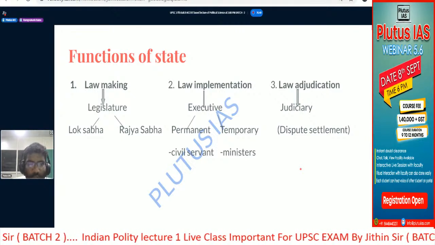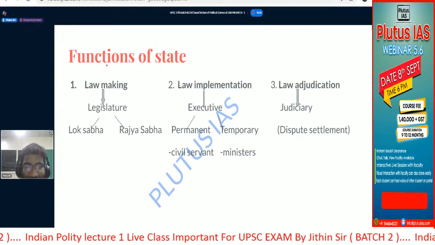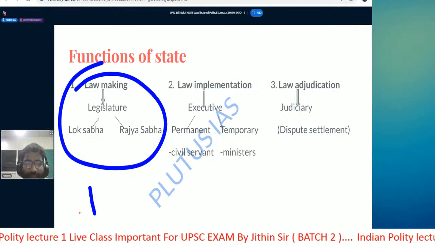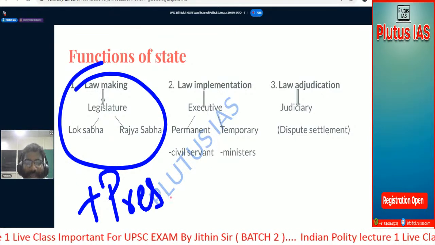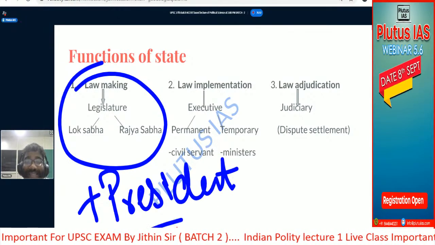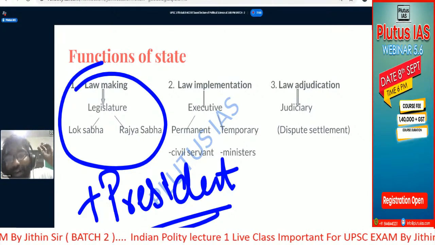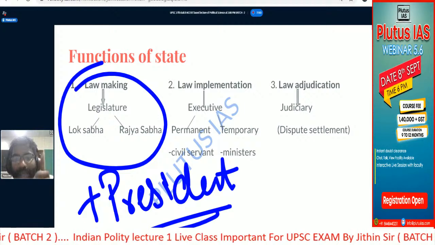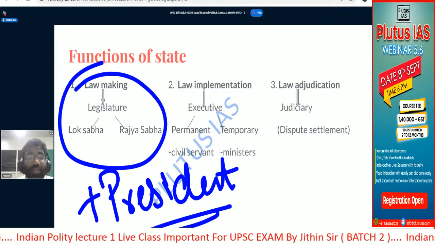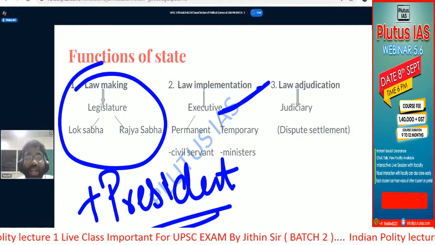Now, lawmaking is the process of legislature plus president. Lawmaking is the process of legislature, and this is the first function of a state. What is the second function of the state? Law implementation.